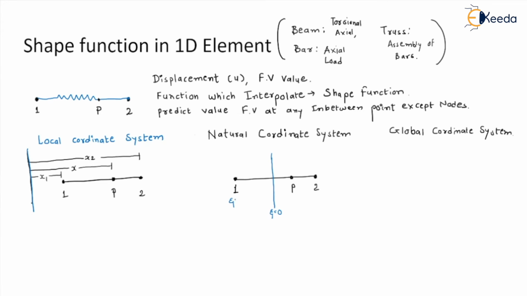So here at node number 1 it is -1, and at node number 2 it is +1. By taking the reference from the midpoint we can calculate, and for point P it is the psi value.